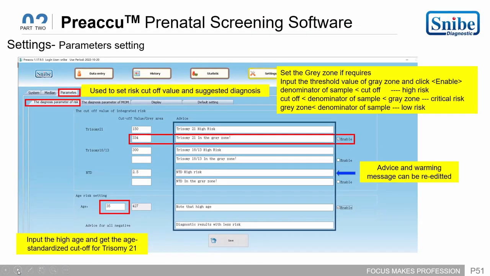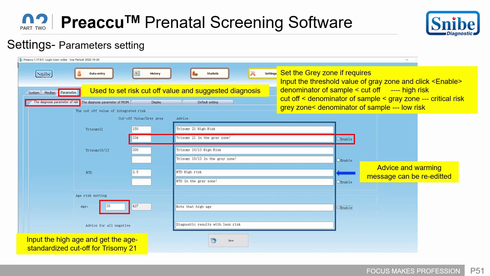So if you have prenatal screening software parameter settings, you have to go to the parameters. You have to use the set risk cutoff value and suggestion diagnosis, like for the trisomy 18, trisomy 21 in the gray zone. You have to set the gray zone if required. You need to input the threshold value of the gray zone and then click enable.